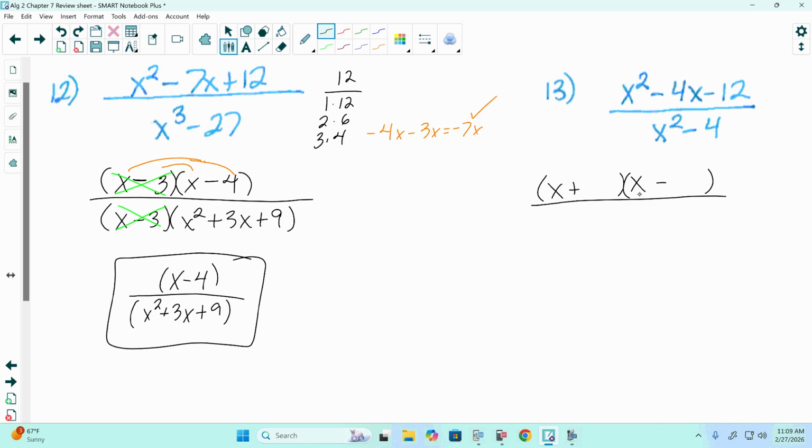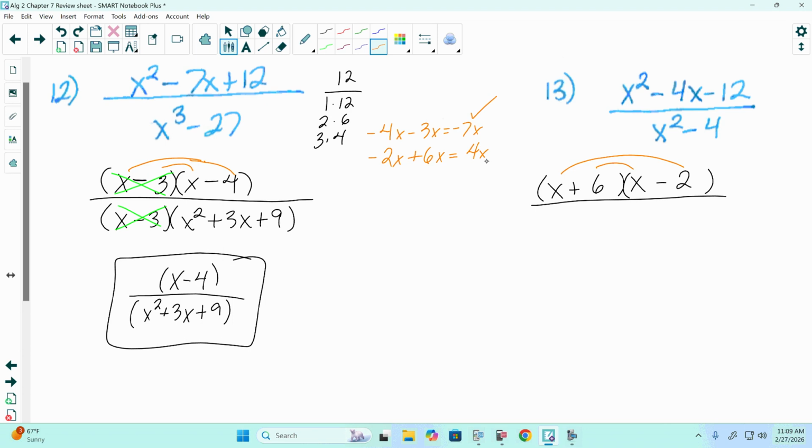Factors of 12. I'm not going to rewrite them again because we already have them listed right there. 1 and 12, 2 and 6, 3 and 4. 2 and 6. Which one do you want? And as always, we'll check and make sure. X times negative 2, negative 2x. 6 times x is positive 6x, giving us a positive 4x.